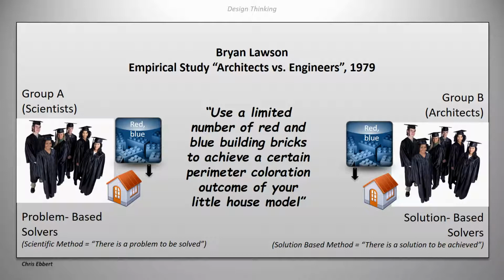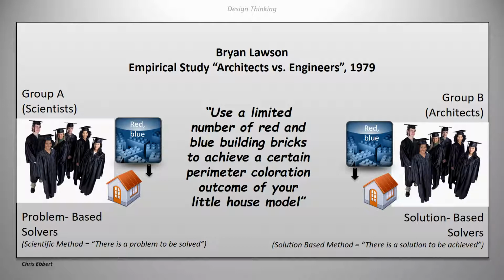Lawson did an interesting little study in 1979, and I'm showing you this to make you understand how differently people tend to think, and not just people, but groups of professionals. What Lawson did is he created two focus groups. One was comprised entirely of scientists, and the other entirely of architects, creatives. I can already preempt the outcome here.